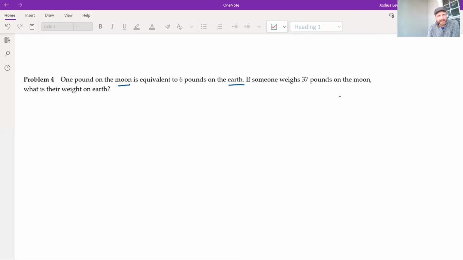And when I set up my proportion, what I need to do is be consistent. So in other words, if I put my moon weight on top, my earth weight needs to be in the denominator. So moon weight over earth weight is going to be moon weight over earth weight. Well, why do I have two proportions here? Well, let's think about this. 1 pound is equivalent to 6 pounds. So 1 over 6. There's my first ratio.